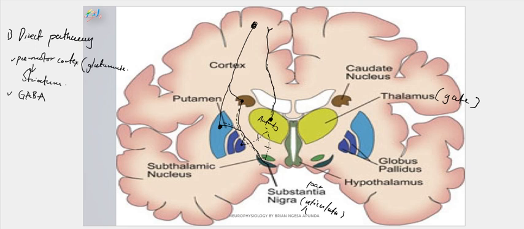So it is good to know that the direct pathway normally facilitates movement. And we are able to see that because the end result of the direct pathway is actually to excite the thalamus even further. So when the thalamus is activated, it means that the movement will increase.